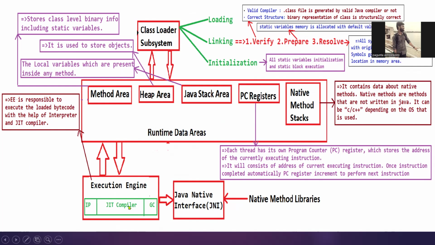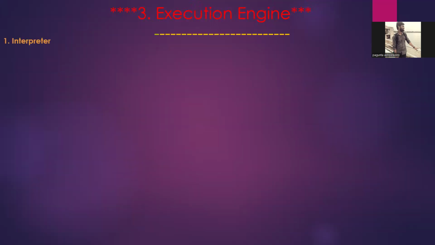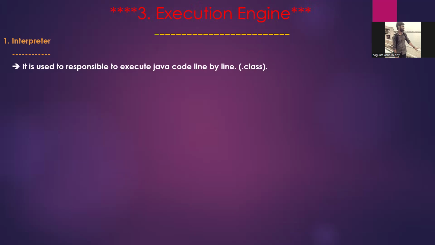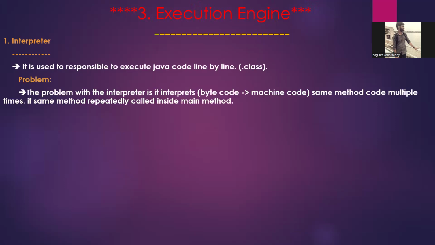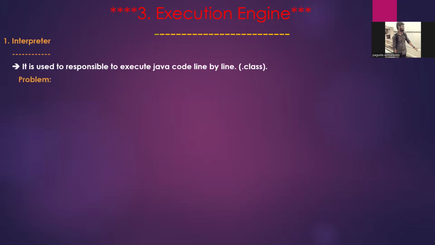Now the first one is the interpreter. The interpreter is responsible to execute the Java bytecode line by line. What is the problem with the interpreter?